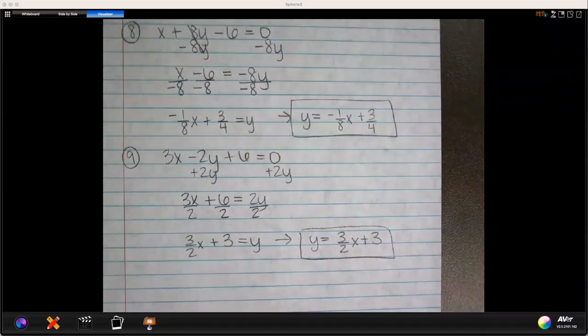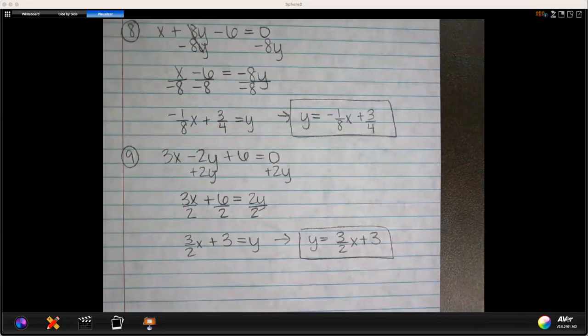You should get a finalized answer of y equals 3/2 x plus 3 to finish it up. Okay, any questions or concerns for that skill for converting standard into slope-intercept form?